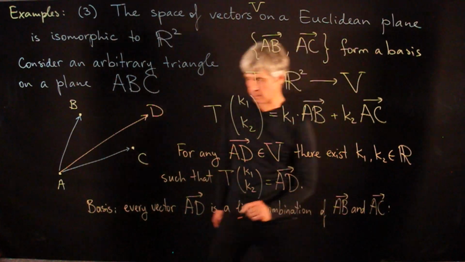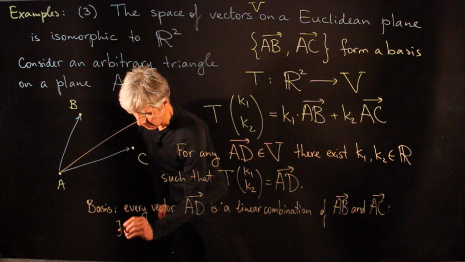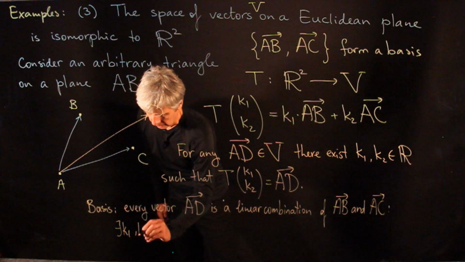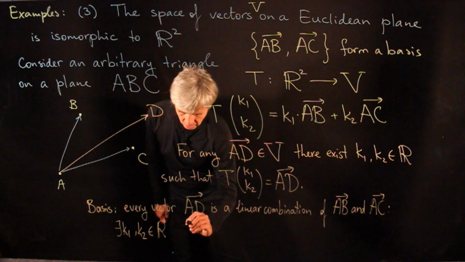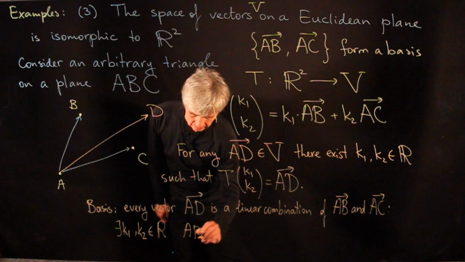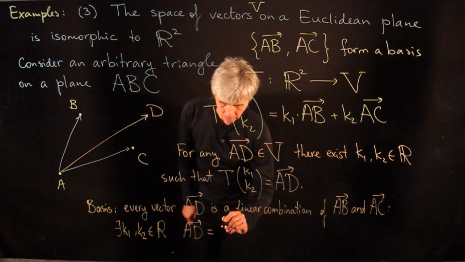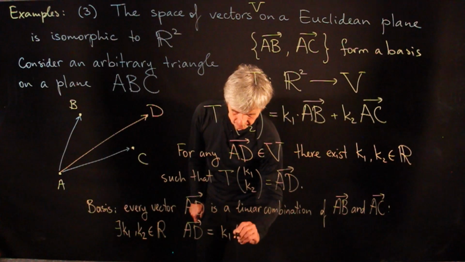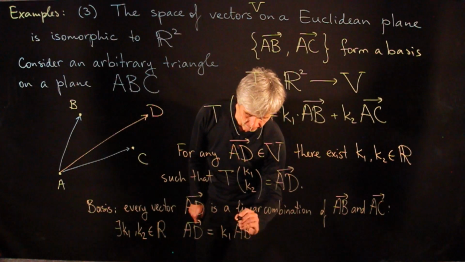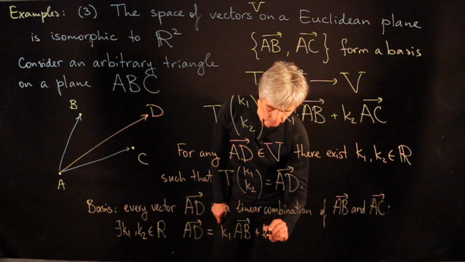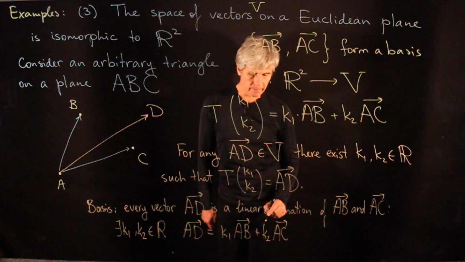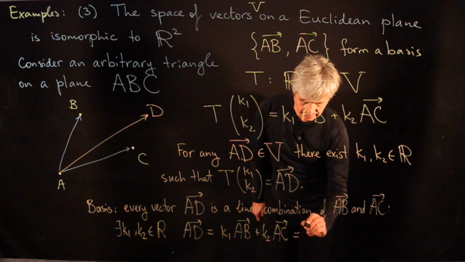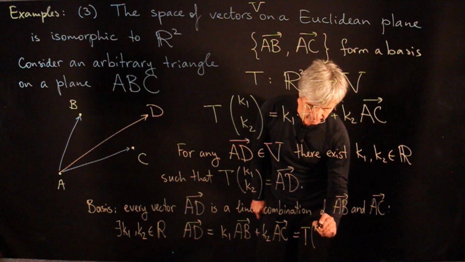So this means that there exist K1 and K2 in R such that AD is equal to K1 times AB plus K2 times AC. But that is precisely T of (K1, K2).